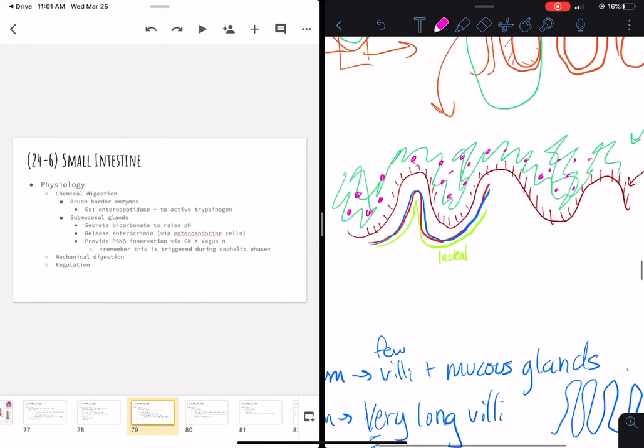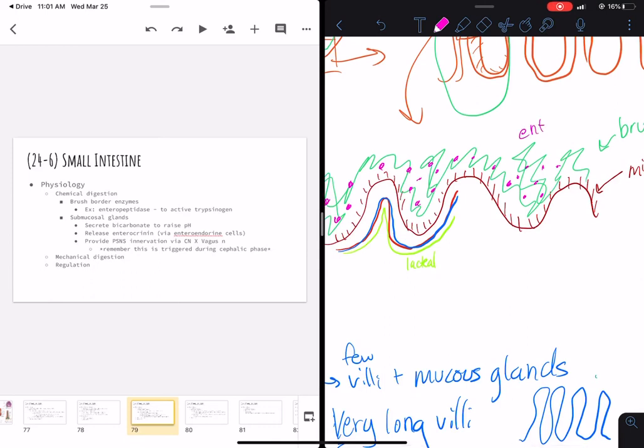We call those brush border enzymes enteropeptidases, which makes sense. ASE for enzyme, pepti, we're referring to breaking down peptides, and entero, we're talking about the small intestine. These enteropeptidases take trypsinogen and convert it into its active form, which is trypsin.